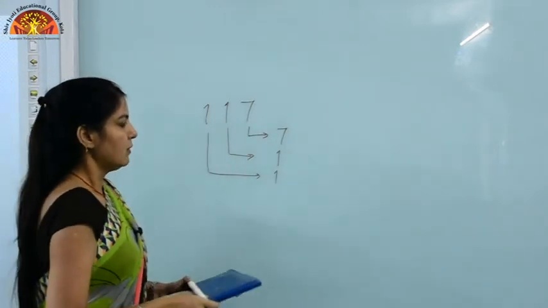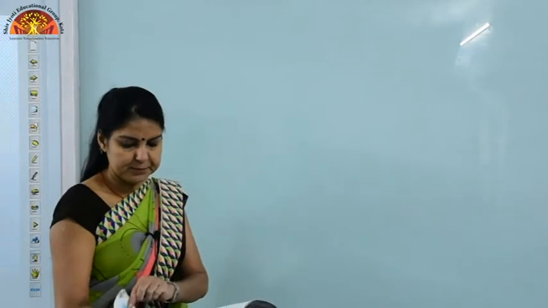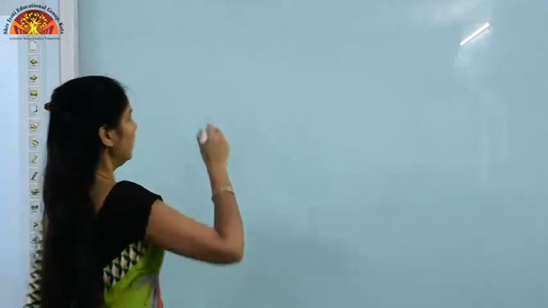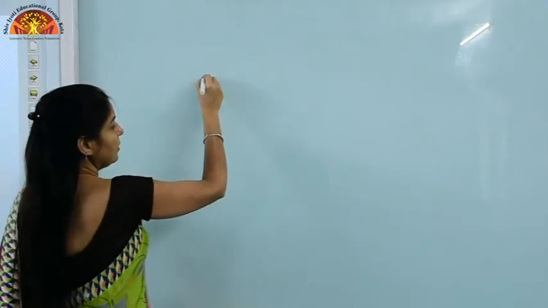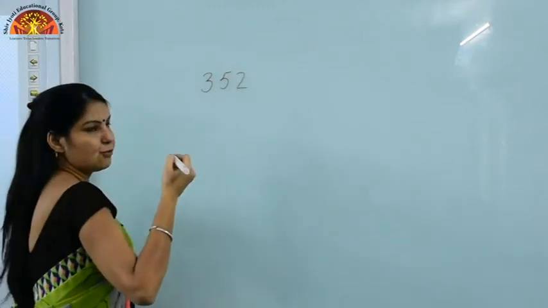Now come to the next point. We will see the expanded form of these numbers. I am writing a number here, 352. So what we have to do?